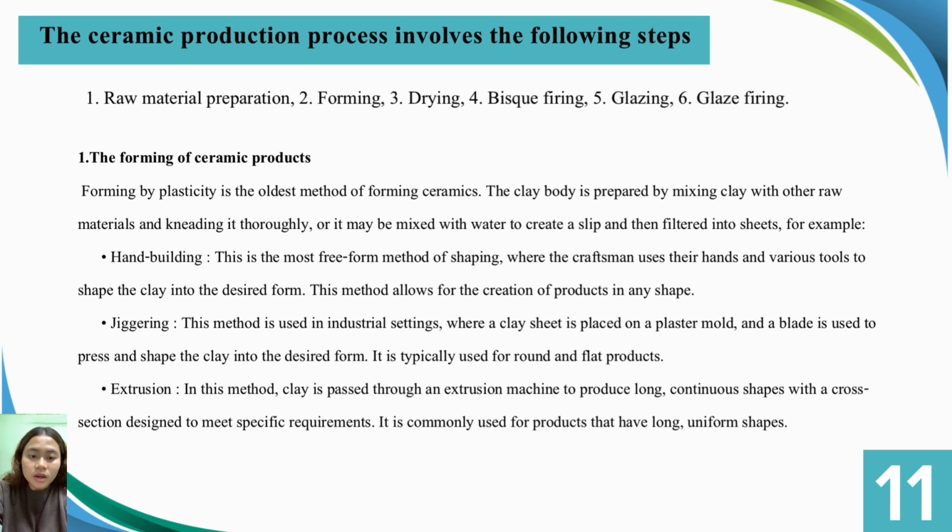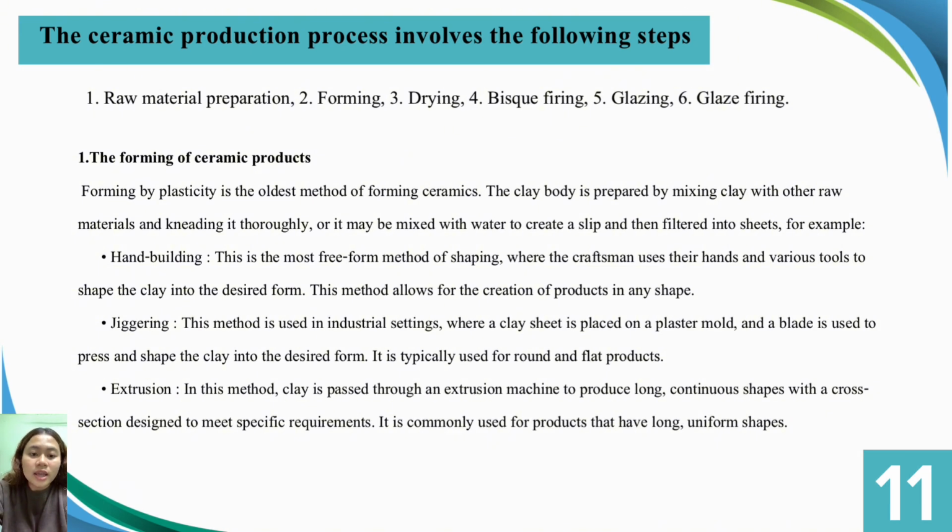Jiggering. This method is used in industrial settings where a clay sheet is placed on a plaster mold and a blade is used to press and shape the clay into the desired form. It is typically used for round and flat products. Extrusion.